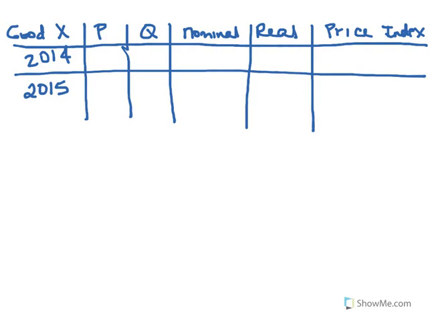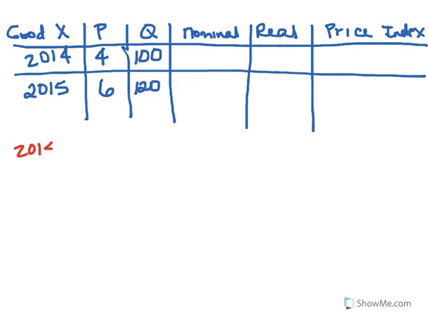Let's say in 2014 the price of good X again was $4, and let's say in 2015 the price of good X was $6. In 2014, let's say we produced 100 units of good X, and in 2015 we produced 120 units of good X. So from that information right there, it makes it very easy for us to calculate the nominal value of GDP, because nominal value is just price times quantity in their year value.